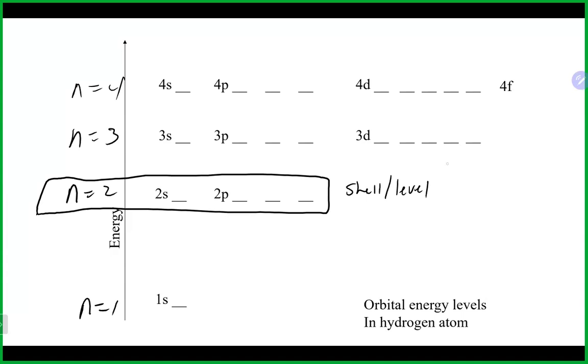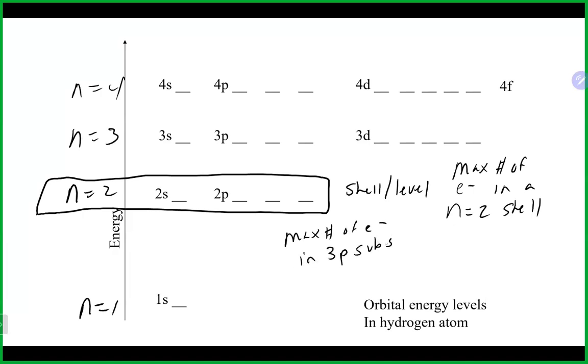So for example, if I want to know the maximum number of electrons in an n equals 2 shell, and I also want to know the maximum number of electrons in a 3p subshell, and the maximum number of electrons in a 4d orbital, take a moment and decide how many electrons we can put in each of those.